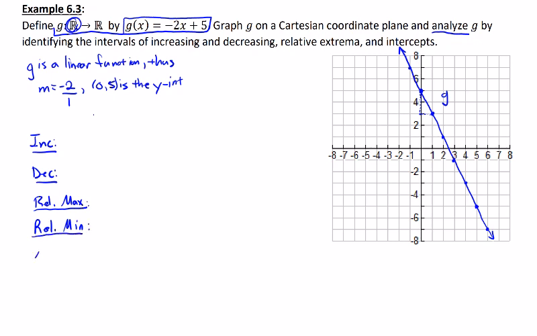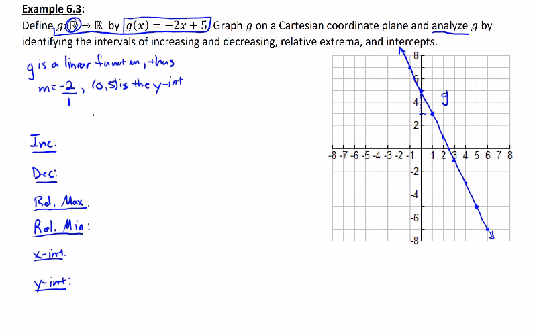So there's always the potential for 2 intercepts, the x-intercept and the y-intercept. So we'll want to do the analysis of g. Having the graph in front of us is really helpful. That's the way that we accomplished this in a prior section, I believe it was section 2, where we analyzed the graph of a function. So now you can produce the graph for yourself, and then you can do the analysis.